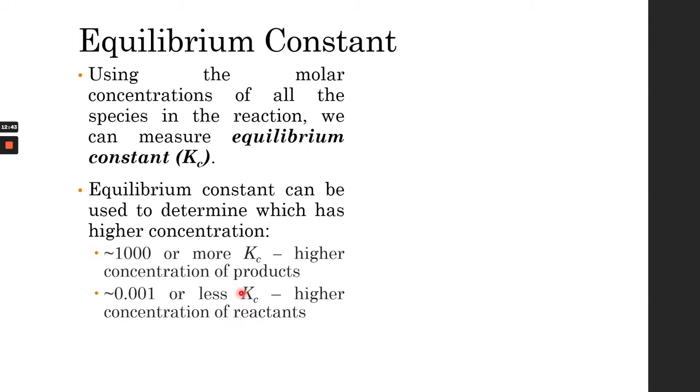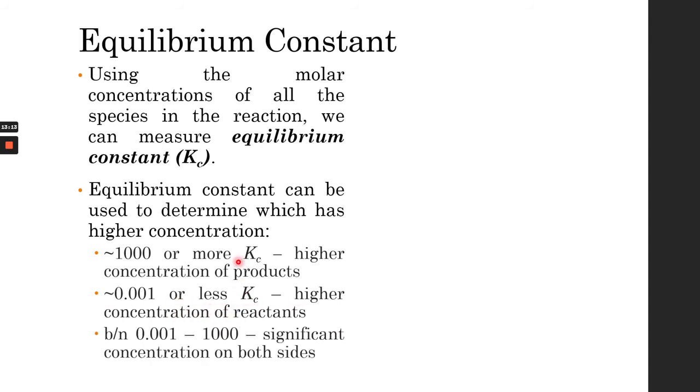Do you remember our discussion: when you have a Kc higher than 1, you have a situation where it favors the product. If you have less than 1, as you can see here, it's really small, and the reaction favors the reactant. In this case, you have a higher concentration of reactants.